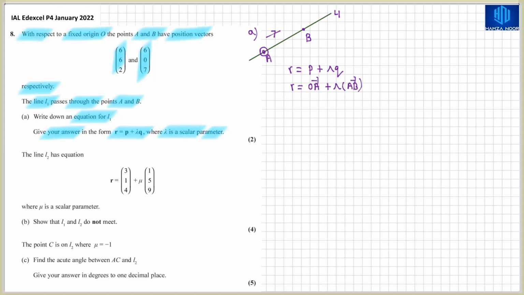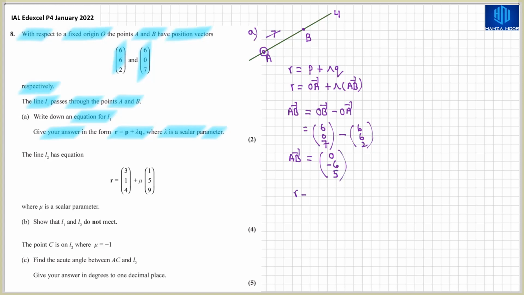First of all, we are going to find the AB vector according to the vector subtraction law, which is OB minus OA. So the OB vector is (6, 0, 7) and the OA vector is (6, 6, 2). Therefore, the AB vector has I component 0, J component -6, and K component 5.